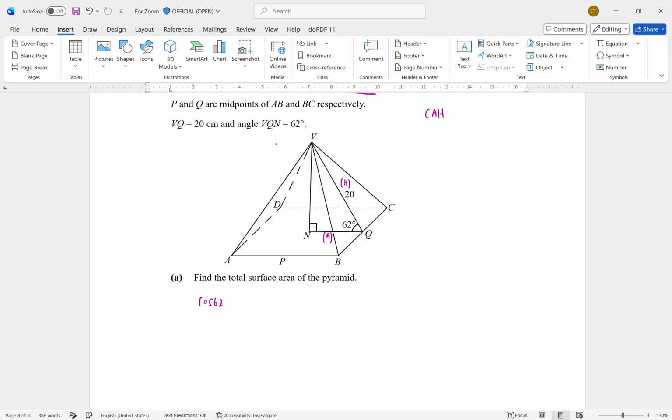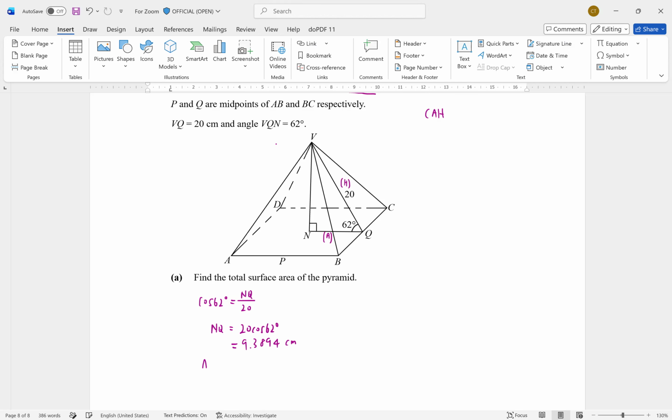So cosine 62 degrees is NQ over 20, so NQ will be 20 cosine 62. This will give us 9.3894. This is a working step, so we keep more significant figures so that our final answer will be accurate. If we know NQ, then we can find AB and BC.